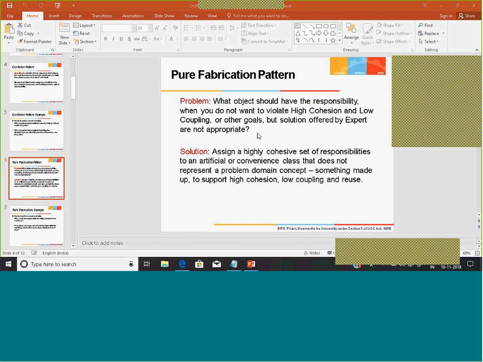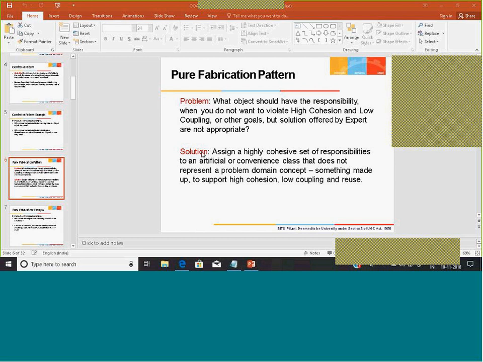So the problem here is that the solution offered by the information expert is not the best solution. In that case, how should you assign the responsibility for doing a particular task? We would try to understand this with a scenario, and then we will understand why the solution offered by the information expert is not appropriate, and we need another class to do that.